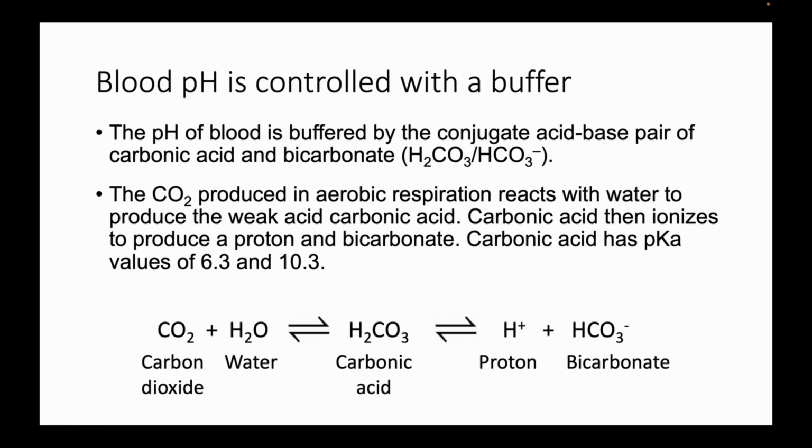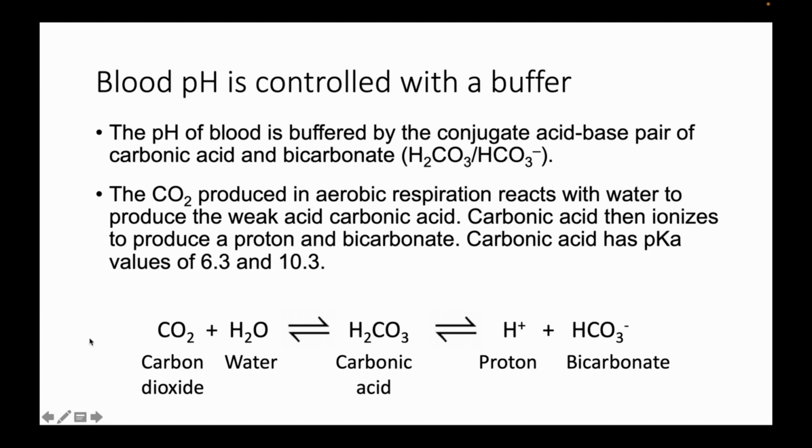This is a critical concept in biochemistry because the pH of your body is so closely regulated. Because if the pH changes, you're going to have different groups becoming ionized or protonated in ways that you don't want, because that would change their interactions. So here's an example. The pH of blood is buffered by the conjugate acid-base pair of carbonic acid here and bicarbonate, HCO3-. The carbon dioxide produced in aerobic respiration reacts with water to produce the weak acid carbonic acid.